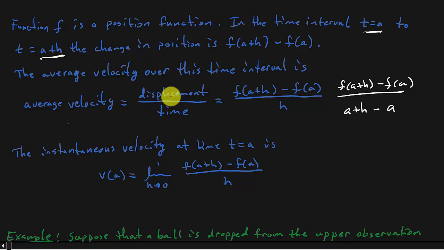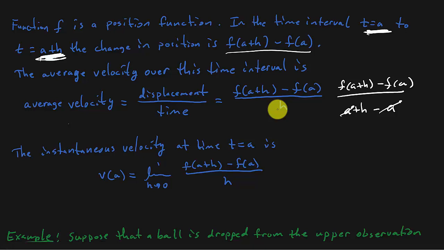So it's the displacement, which we saw a while ago, f of a plus h minus f of a, over the time interval. The time is this time minus this time, and you can see the a's cancel out, and that's where that h comes from. Okay, so that's your average velocity.